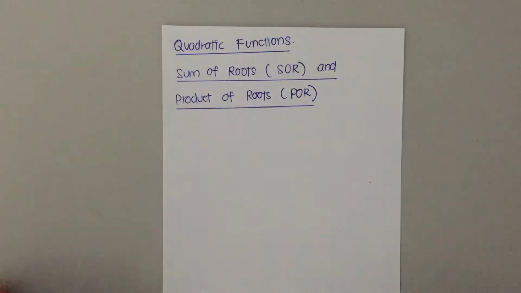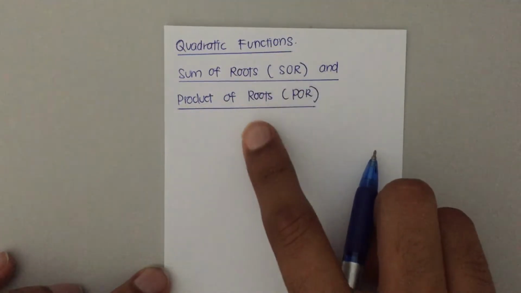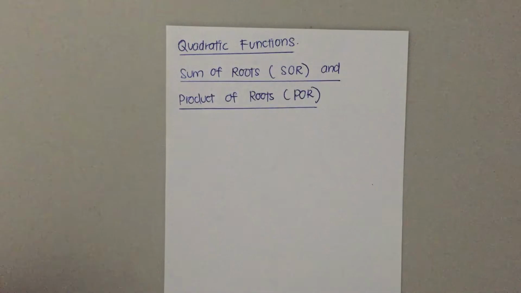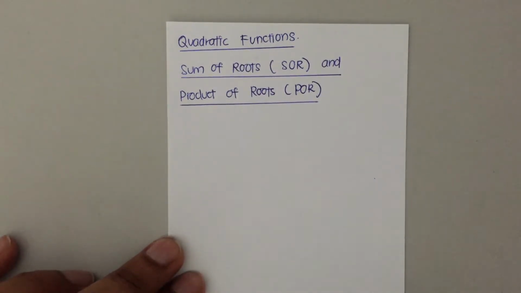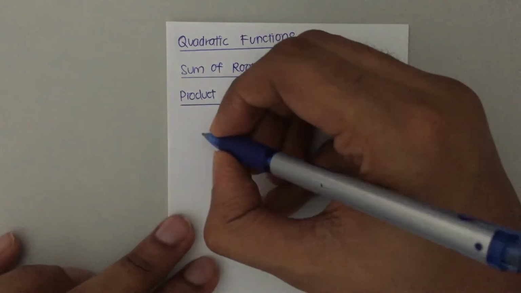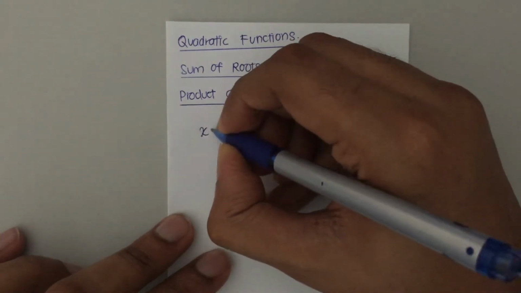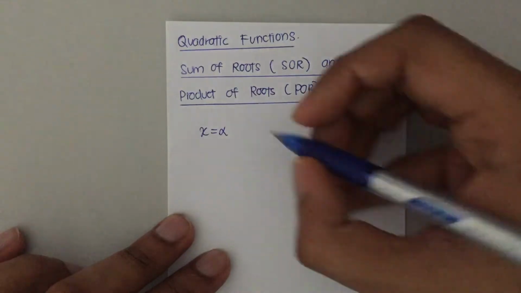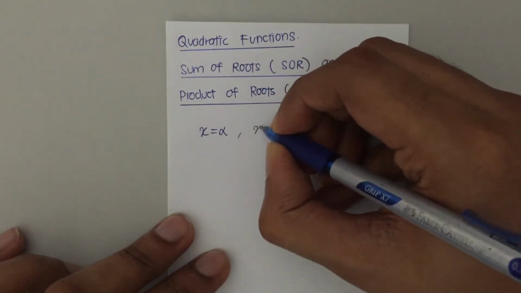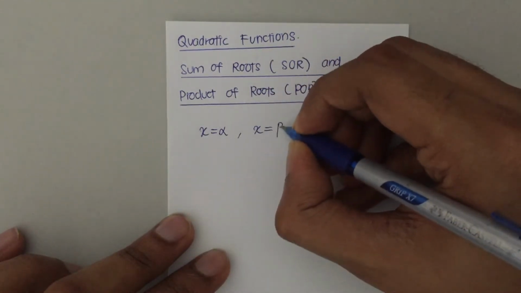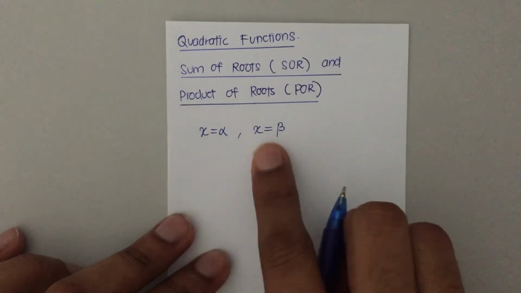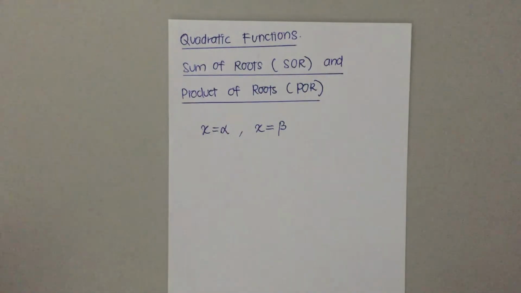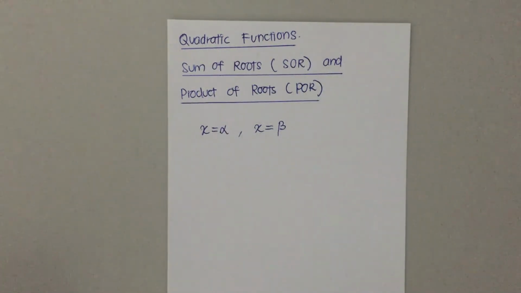In order for me to explain the sum of roots and product of roots concept, let me give you an explanation. Let's say you have two roots, guys. The first root is x equals alpha, and the second root is x equals beta. Now you want to change this back into the quadratic equation.